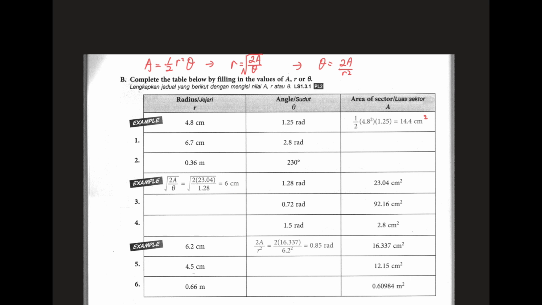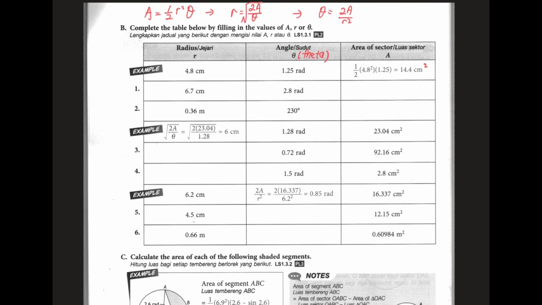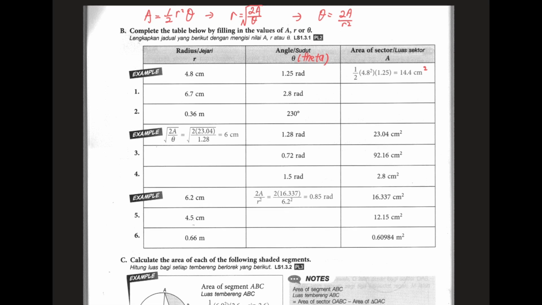Okay, so I write here first, this is known as theta. Some people are not very sure of this symbol. This is theta. Okay, so let's move on. We look at the next example. What happened is we have to find angle theta.